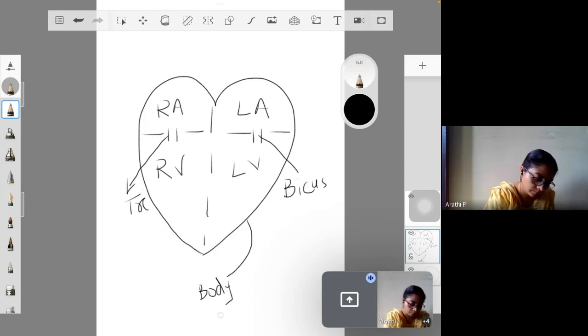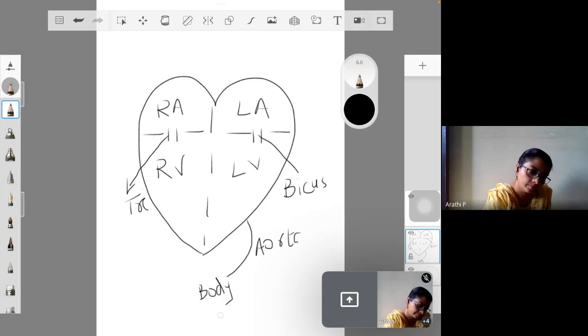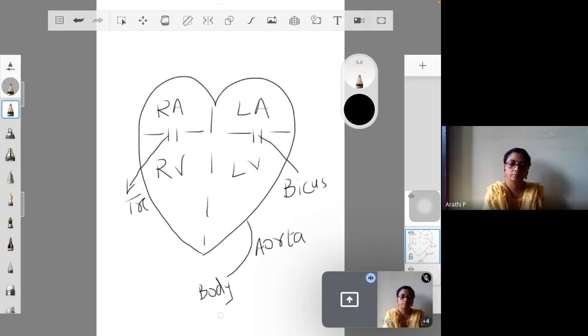Now it will circulate, and this is called as aorta. It will bring back deoxygenated blood, blood which has no oxygen left.